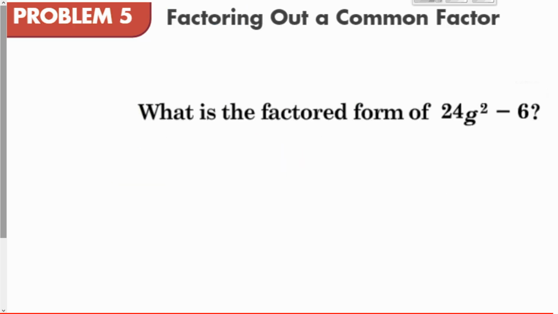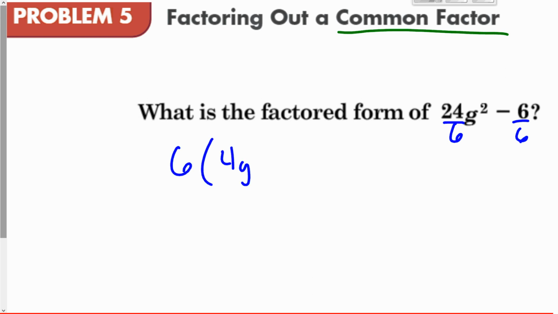Okay, go ahead and factor out the greatest common factor first. I probably should have told you that before, but that's okay. Because what you notice is these are not perfect squares, right? The one I had, 25 and 36, those are perfect squares. 24 and 6 are not perfect squares. So what could I factor out of those to get perfect squares? That'd be a 6, right? So I can factor out a 6. That means I put a 6 on the outside. I get 4g squared minus 1.